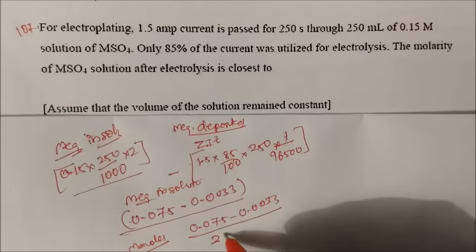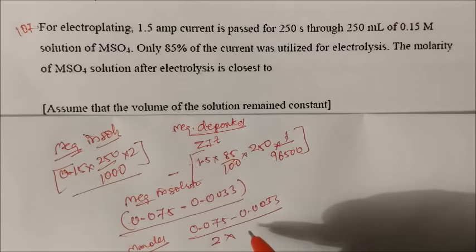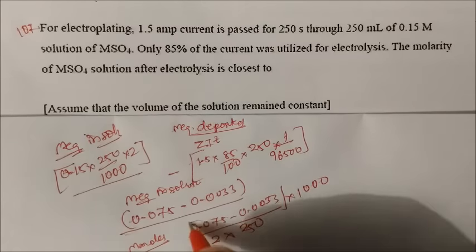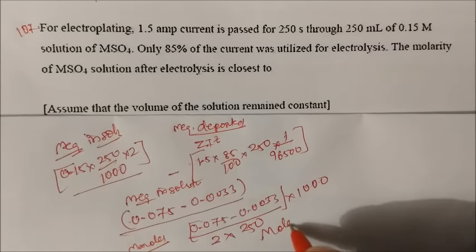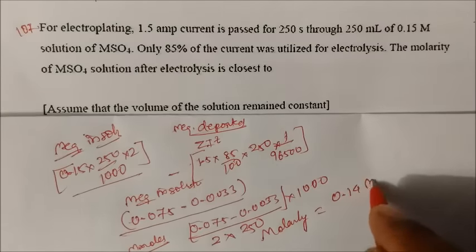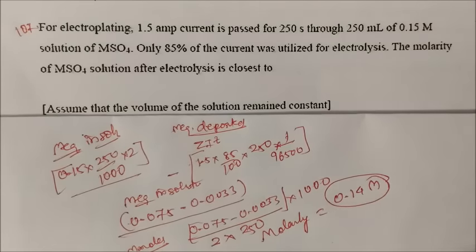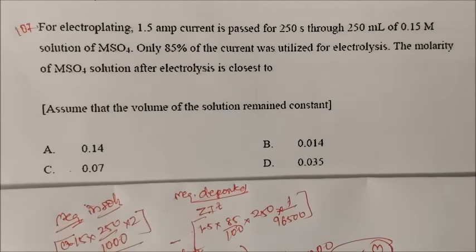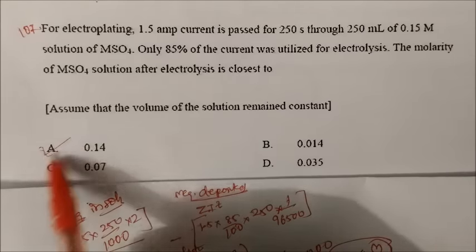This is the moles. And to find the molarity, the total volume is 250 divided by 1000. On solving, you will get the answer 0.14 molarity. This much molarity is present inside the solution. Which option is correct? If we see, this is the correct option.